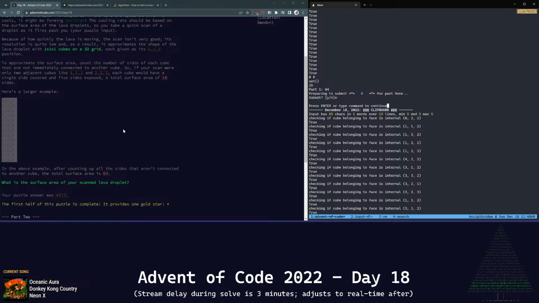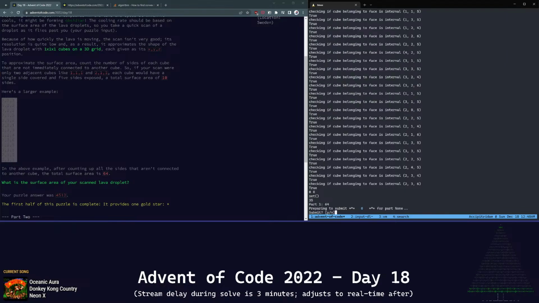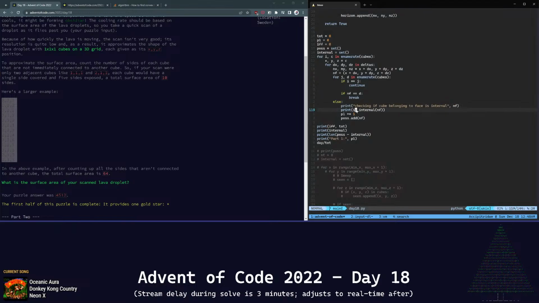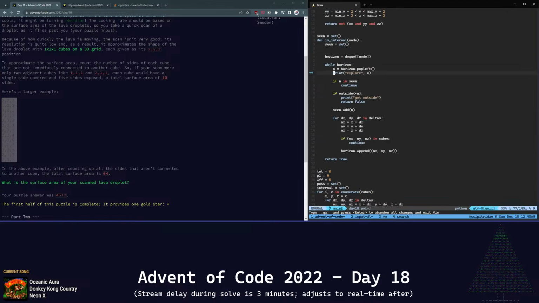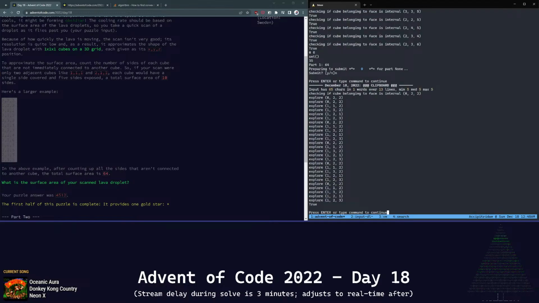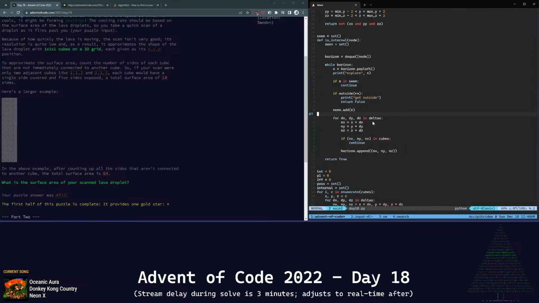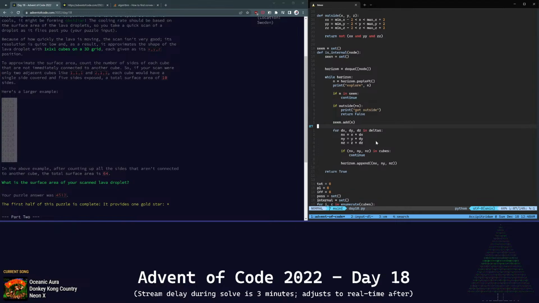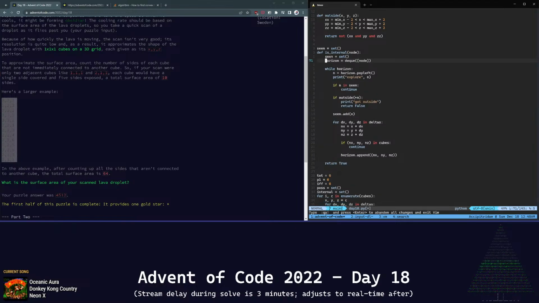Because 0, 2, 2 comes from 1, 2, 2, and so it should expand off into infinity though. Oh, what is wrong with the logic?